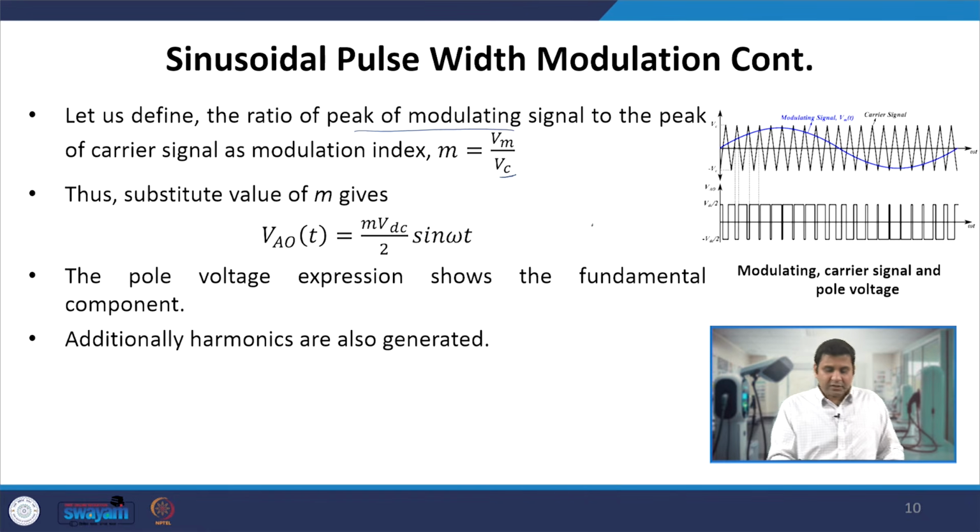Substituting this m, the average pole voltage over the carrier cycle or switching cycle is m VDC by 2 sin omega t.